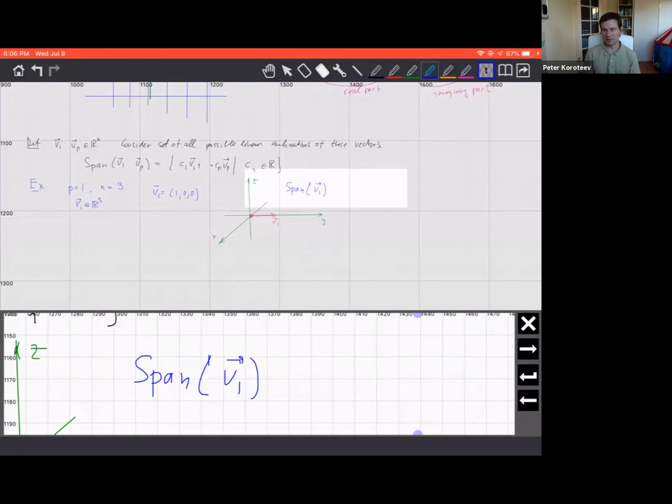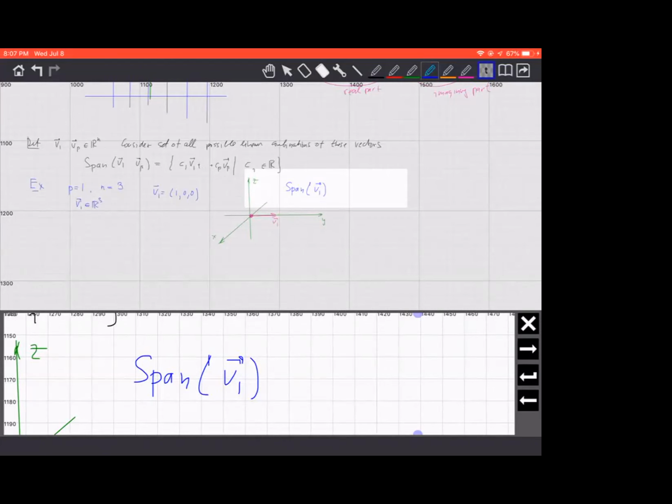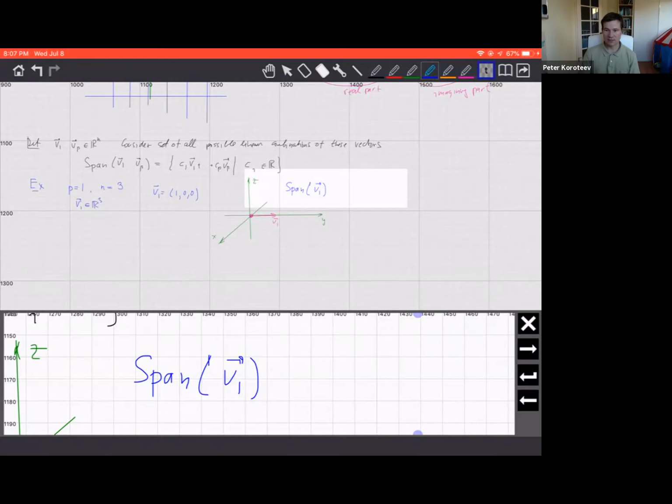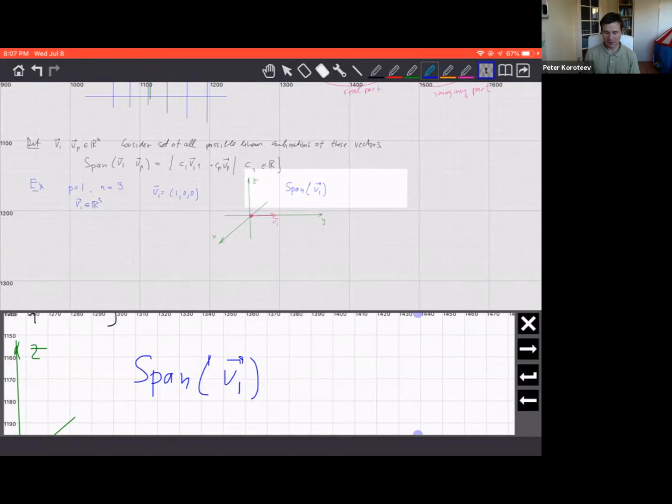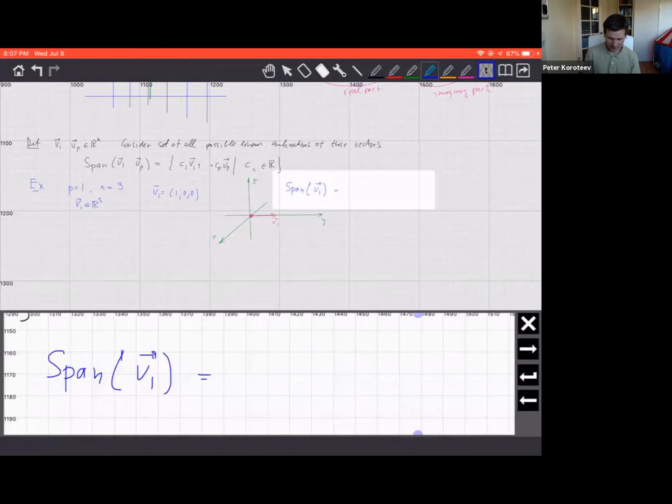If you multiply it by all possible scalars, what are we going to get? It's the set of all c1 multiplied by v1, for all possible c1's.